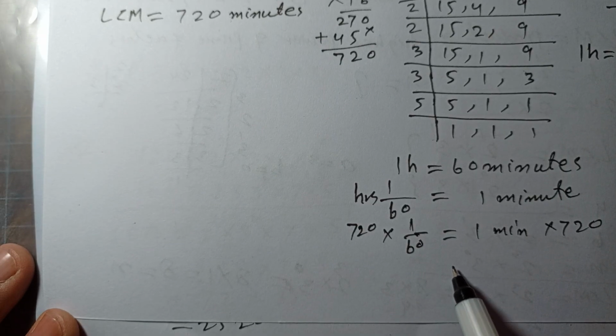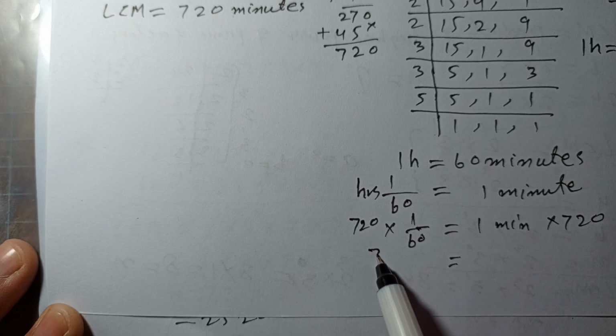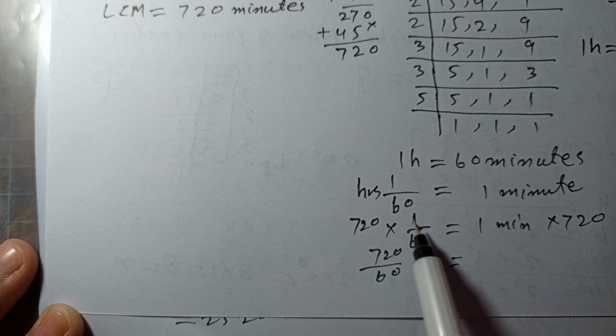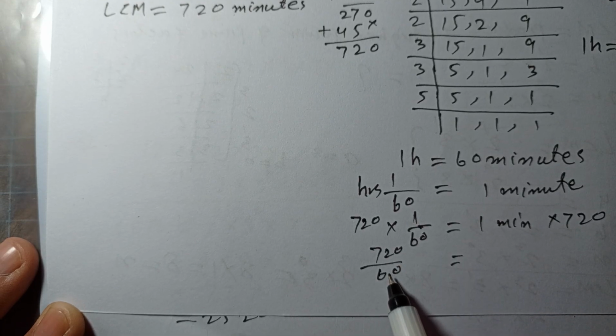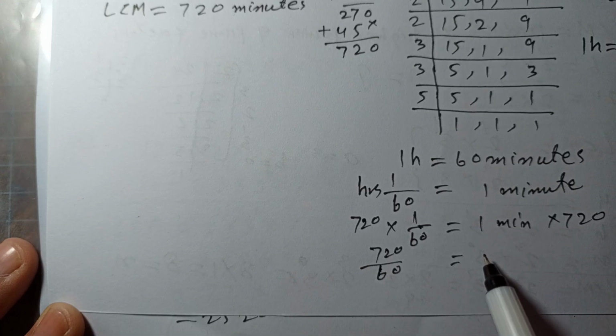Simply we can say 720 over 60. 720 multiplied by 1 gives 720, and over there is 60, so you will write it by 60.